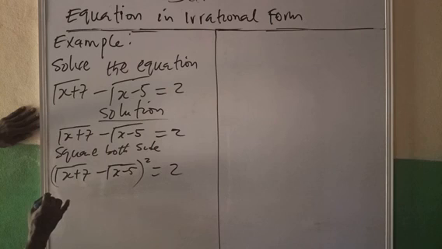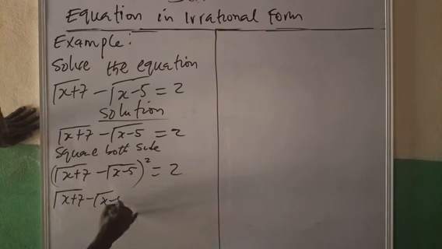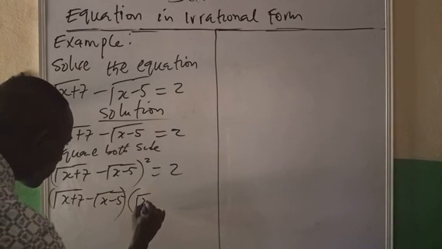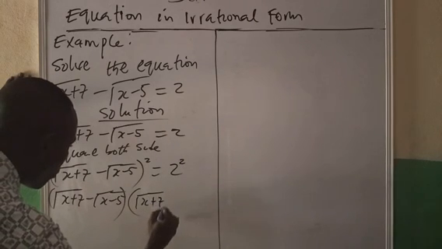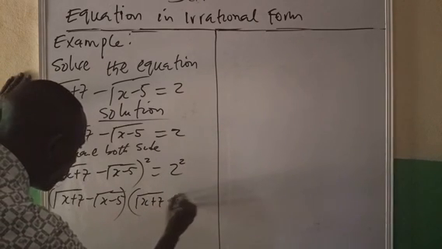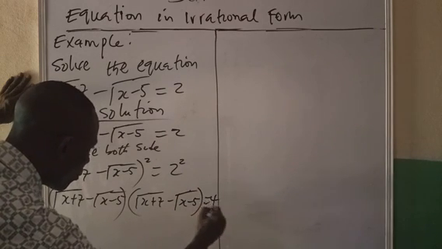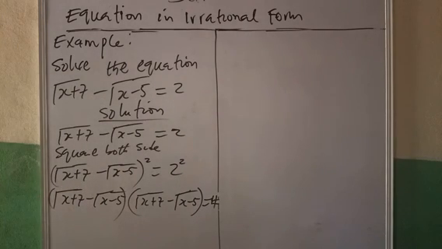Which means that this is the same thing as root s plus 7 minus root s minus 5, bracket, root s plus 7 minus root s minus 5, is equals to 4.